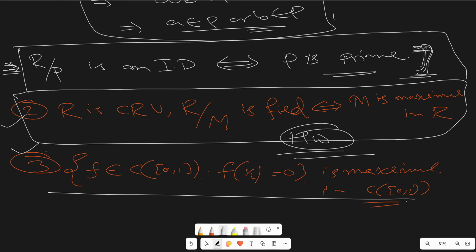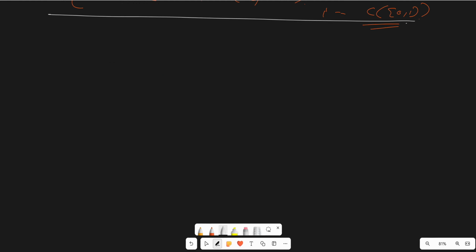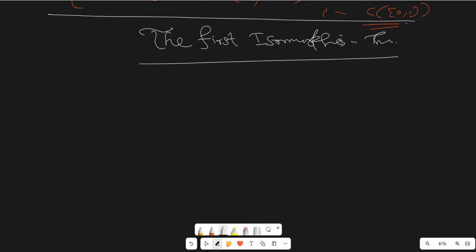So now I'm going to start some new topic. No, not new. This is called the first isomorphism theorem. Although this is not very useful here, it is a little bit useful.